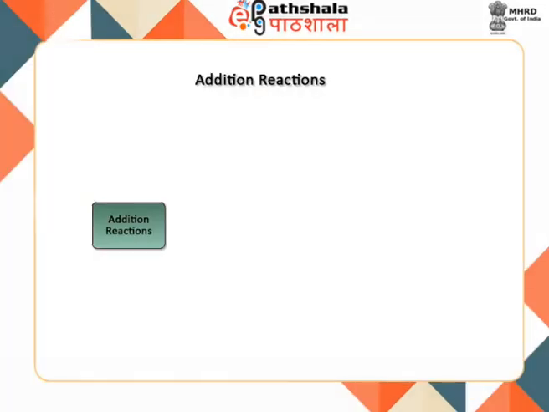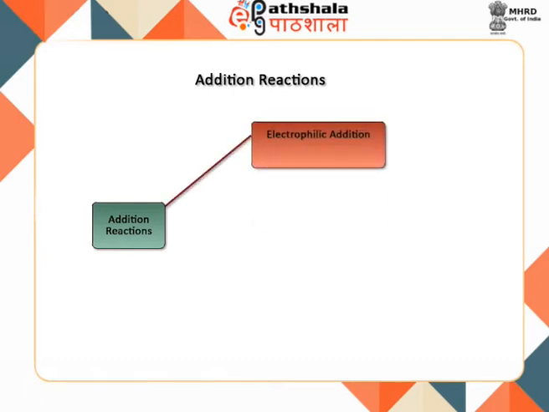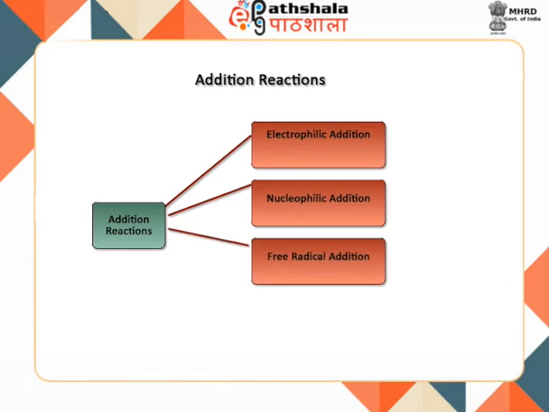The next type of organic reaction is addition reaction. These reactions are characteristic of compounds containing multiple bonds. The alkene, alkyne, carbonyl, nitrile react by addition to the multiple bond. Addition reaction may be electrophilic, nucleophilic, free radical, or concerted.